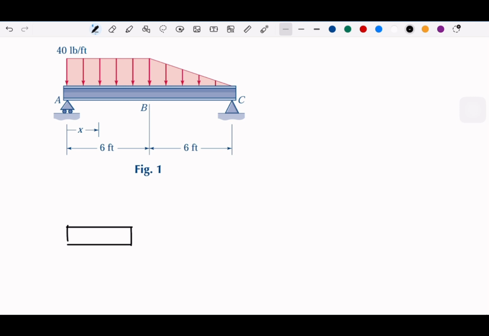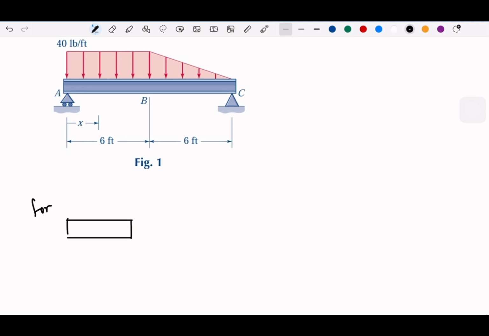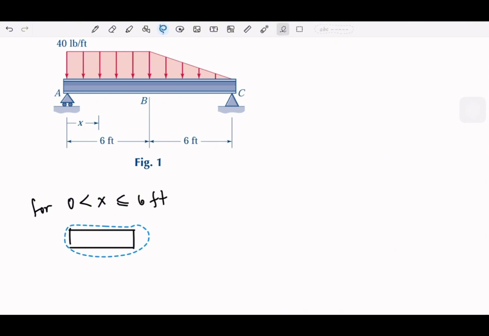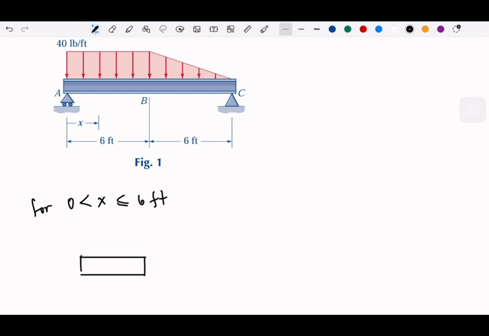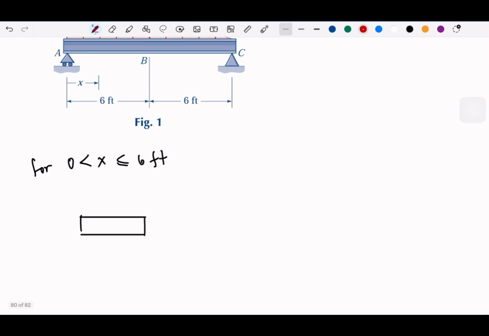So for x between 0 and 6, suppose that we still have this distributed load, and then we have Ay, which is 220 pounds, and this is x.